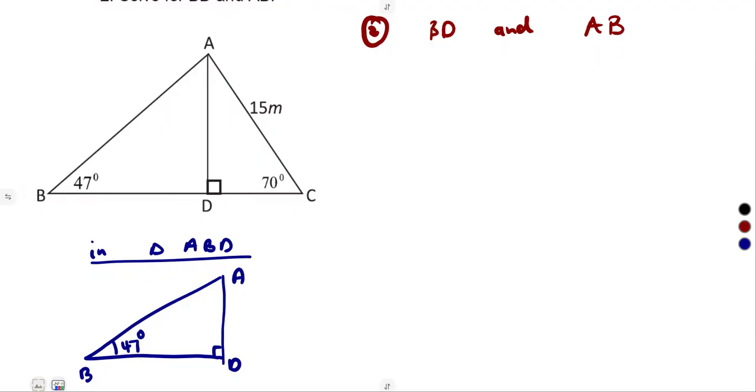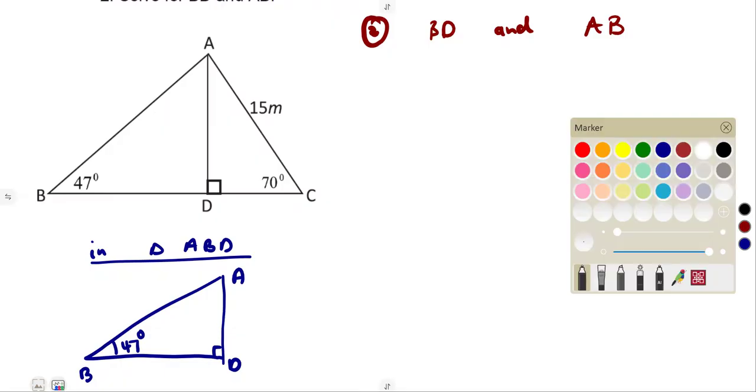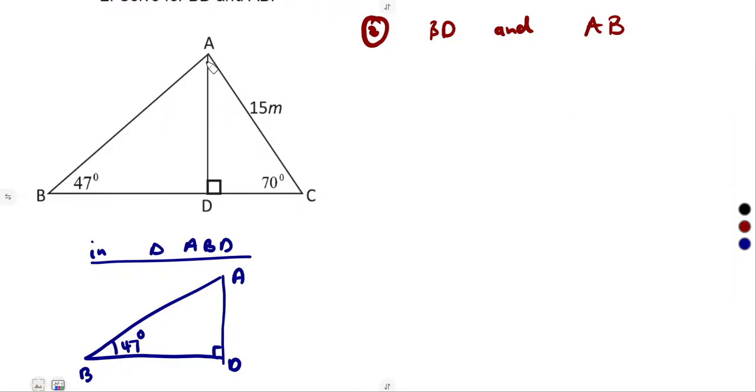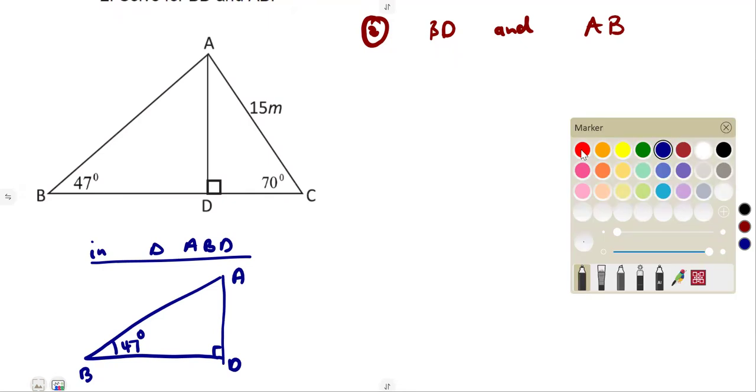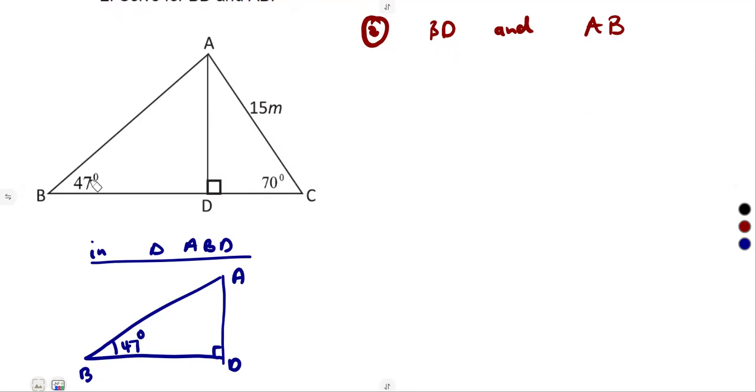So what are we going to do? Let's determine the length of AD from this triangle ADC. Like I said, we are limiting ourselves to the trigonometrical ratios, but you could have used the sine rule, which was going to be easier for that part.